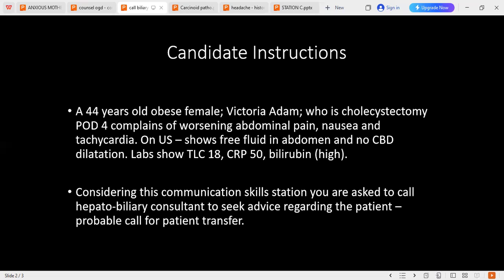Unlike MRCP that might just show us where the problem is, but it may not be therapeutic. All right. Can you tell me if you could arrange ERCP to confirm the source of the bile leakage in your locality or in your premises?